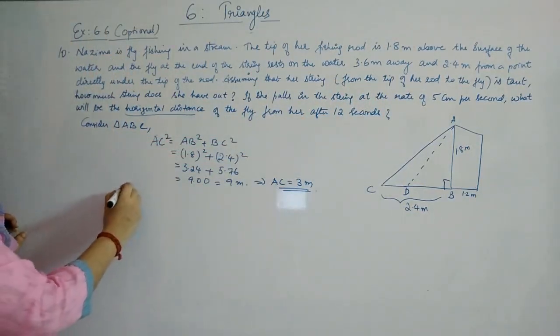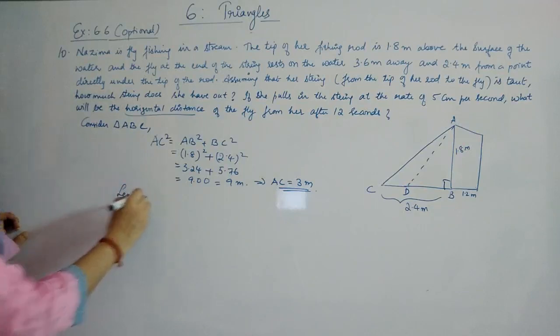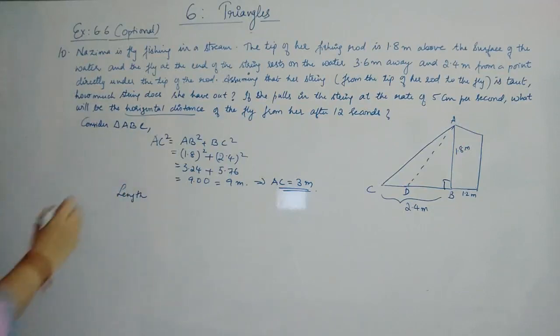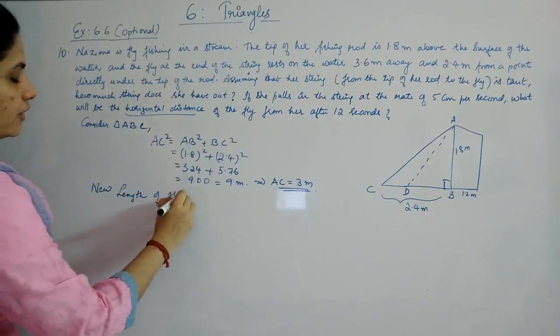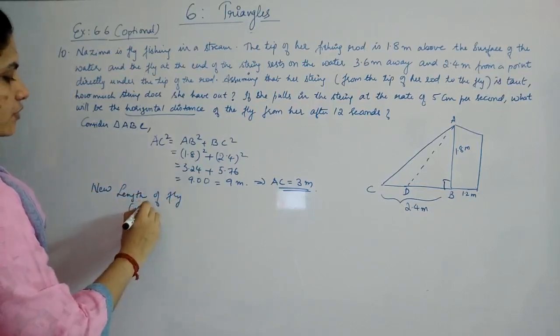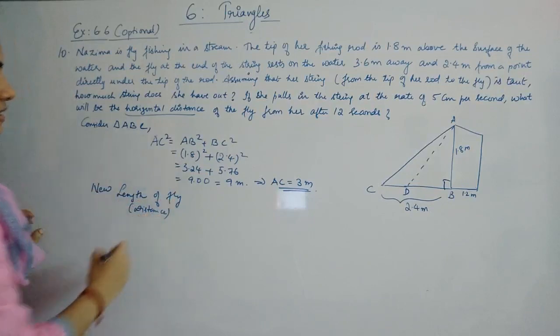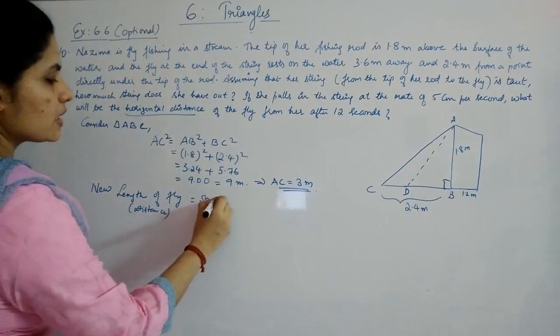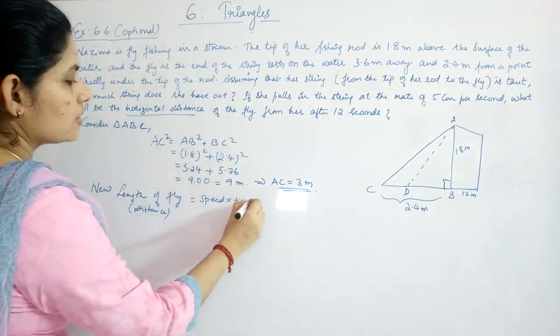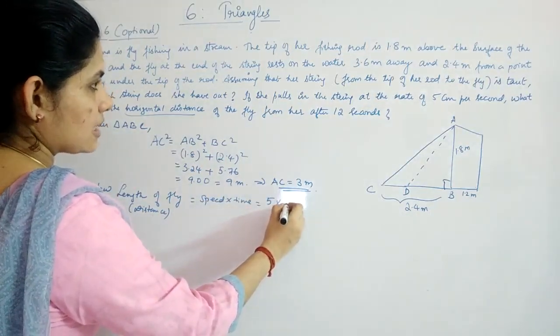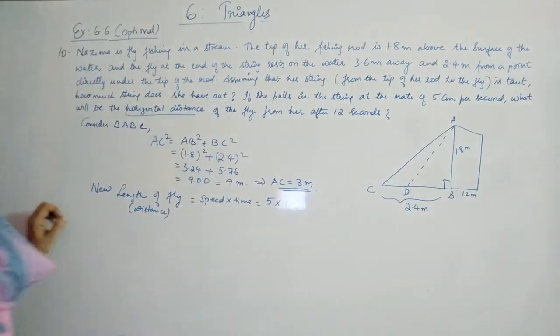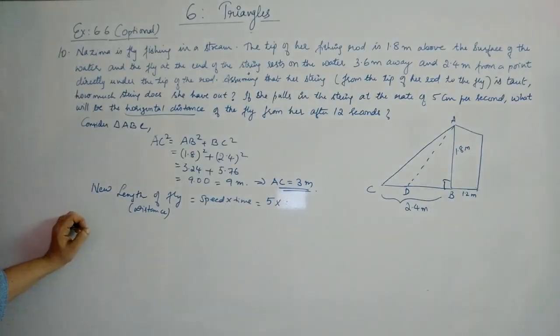The new length of the string, which is acting as the distance, is equal to what? Distance is equal to speed into time. So there you will get speed is 5 into time in seconds, and 12 is given.